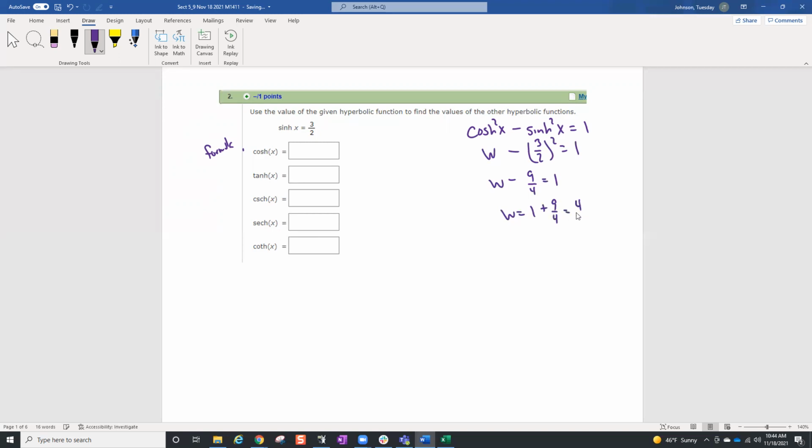And of course, that is 4/4 plus 9/4, which equals 13/4. But remember, this is cosine squared, right? So let me just call that W squared. What are we looking for? If W squared equals 13/4, then W will be the square root of 13/4, which is the square root of 13 over 2.